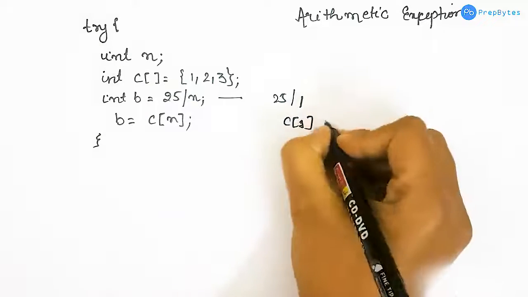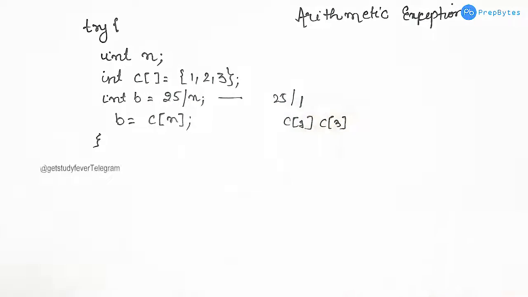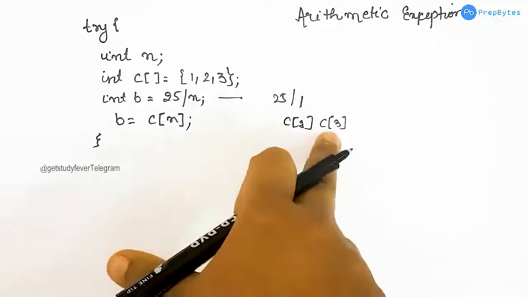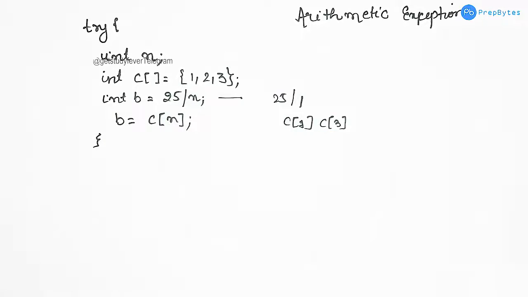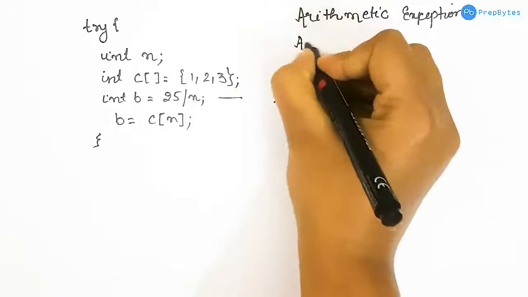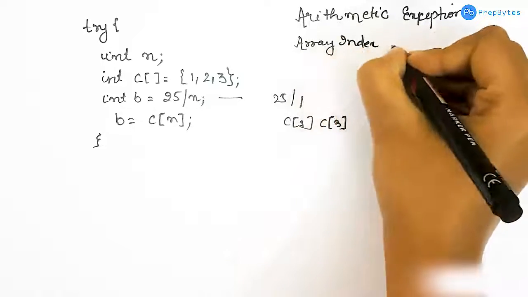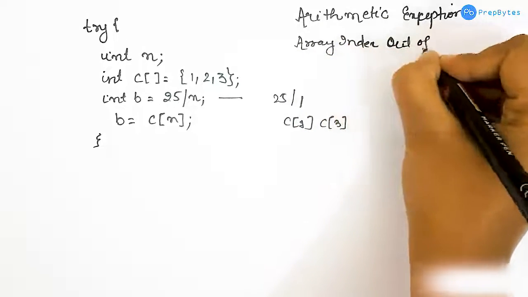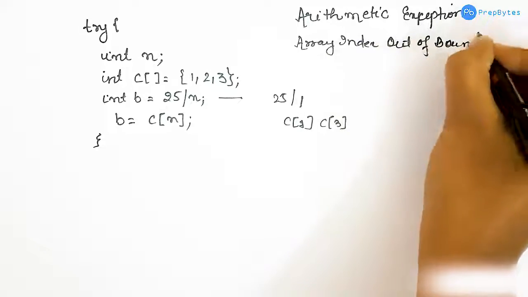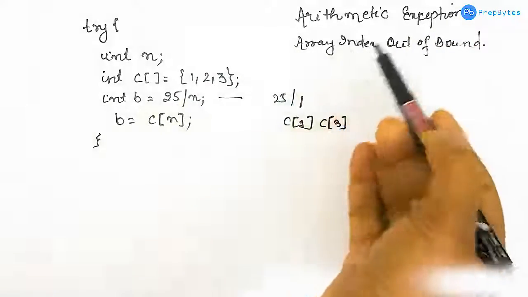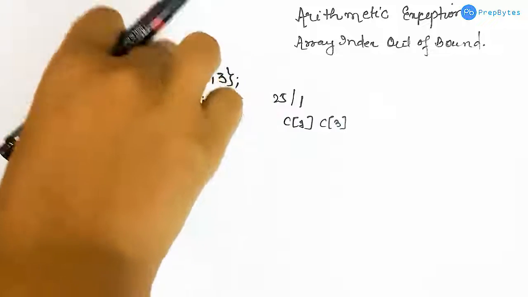If I try to do something like c of 3, what are we trying to do? We are trying to access an array element that does not exist, which is outside the array bounds. So what is the exception that we will get? Array index out of bound exception. So there are 2 exceptions that can occur in this particular try block.